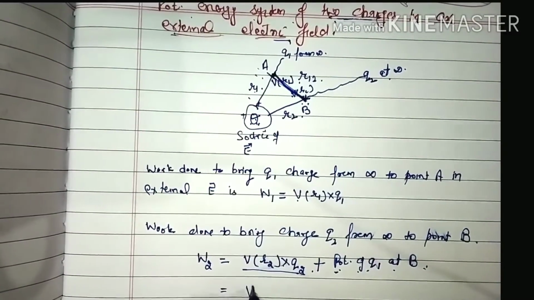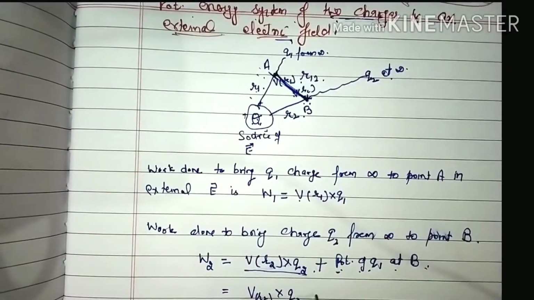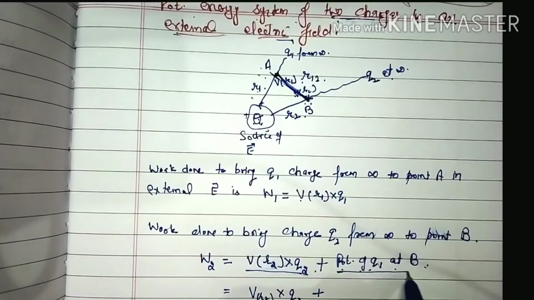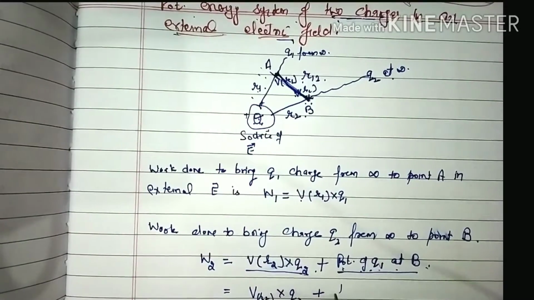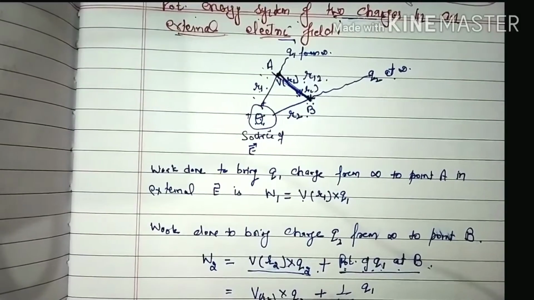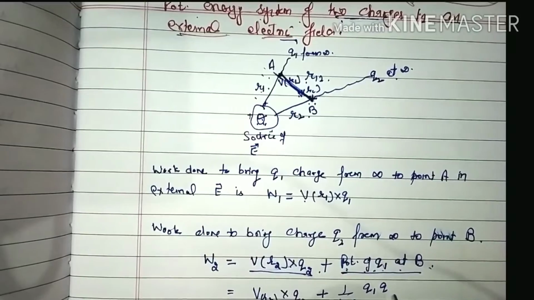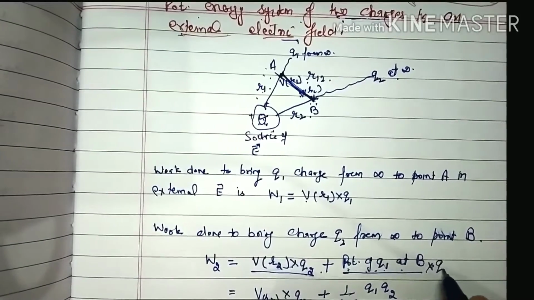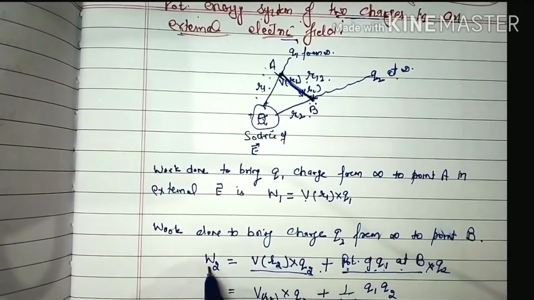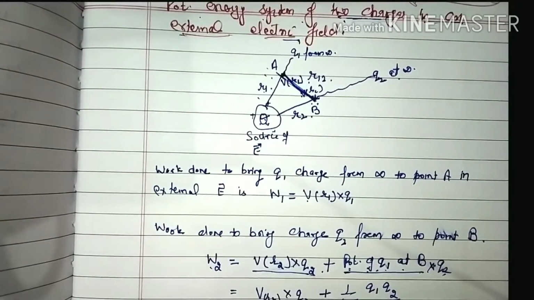So here we write the potential at R2 times Q2 plus, and this potential of Q1, you know that is 1 upon 4 pi epsilon Q1 into Q2, here Q2 also, because work done is potential into Q2, and the distance is r12.